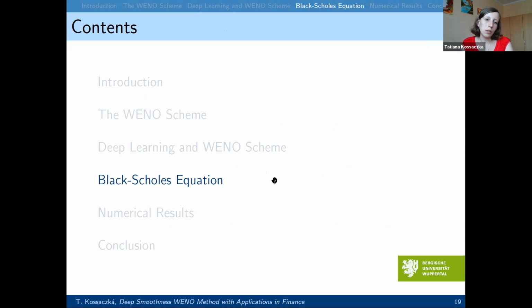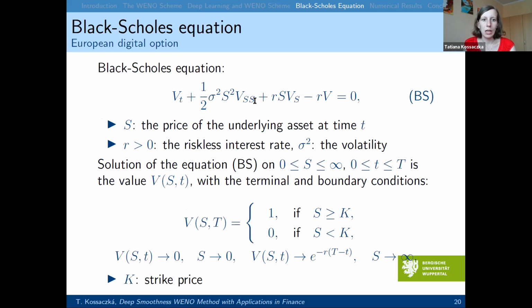Okay, so now I will come to the application. Firstly, I will show you one example from computational finance, which is the basic Black-Scholes equation, which looks like this. I think you all know this equation. We have here the price of the underlying asset at time t, denoted by S, the riskless interest rate and volatility.